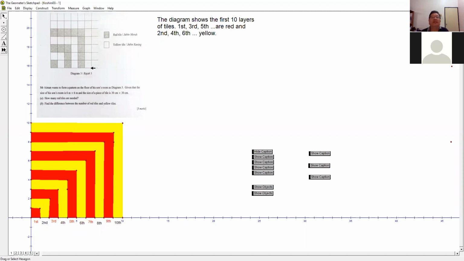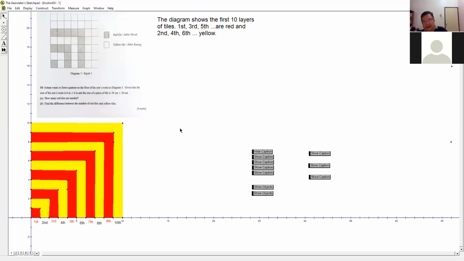So the first, third, and fifth, and so on, are red color. And the second, fourth, sixth, eighth, and 10th layers are all yellow color. So far, can understand or not?